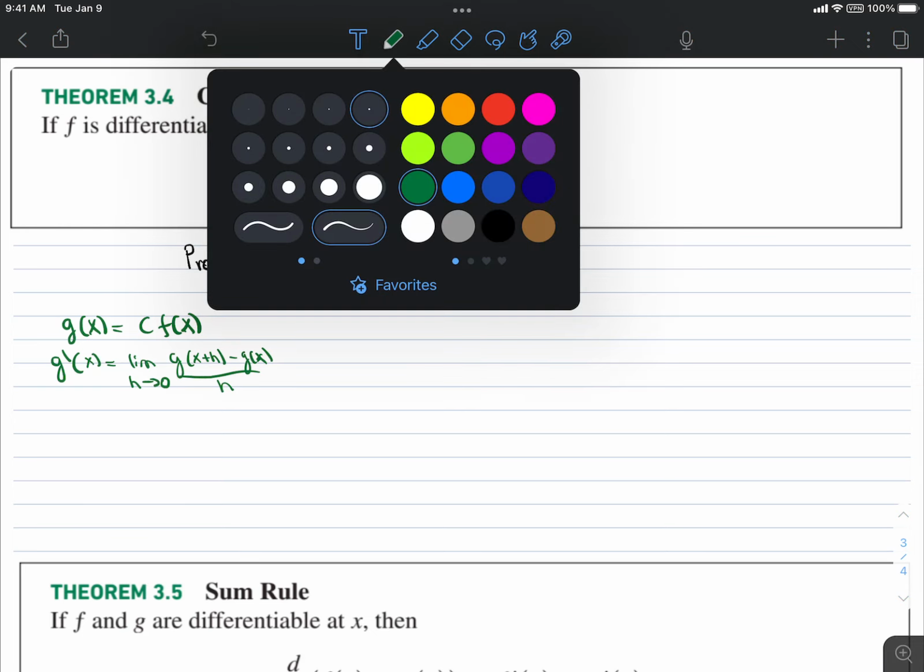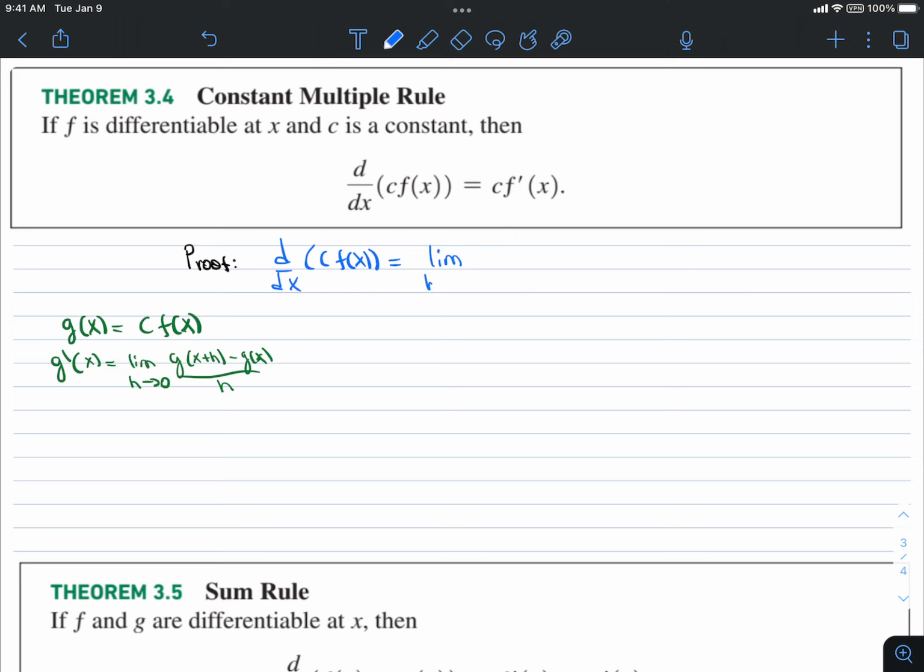And now we have to plug back in to see what g is. Remember that I said g of x is c times f of x, so that will be the limit when h goes to 0 of c times f of x plus h minus c times f of x, over h. If I factor out a c, that will be c times f of x plus h minus f of x, all that divided by h.